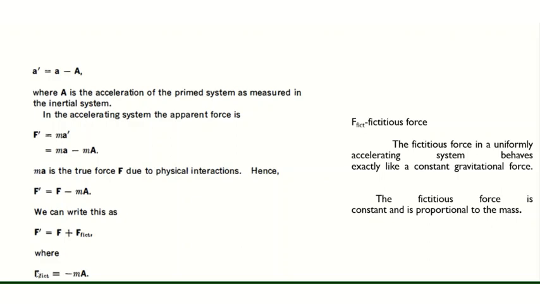As seen in the equation, it is constant and proportional to the mass. So there is a fictitious force acting in such non-inertial frame systems, and there are three examples of such a fictitious force.